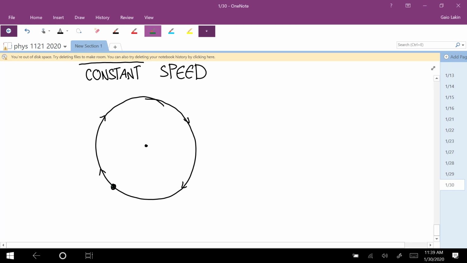The velocity is tangent to the path. Is it speeding up or slowing down? Neither, it's constant. So there's no parallel part of the acceleration. Which way is it turning? This way or that way? That way. Toward the center, yep.